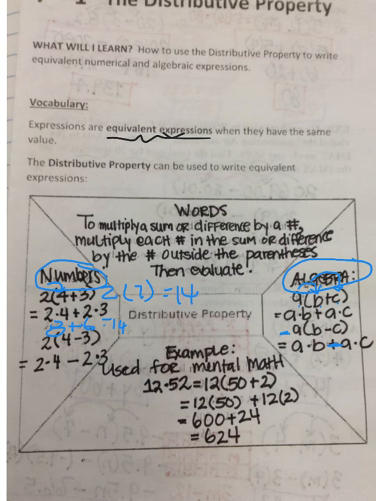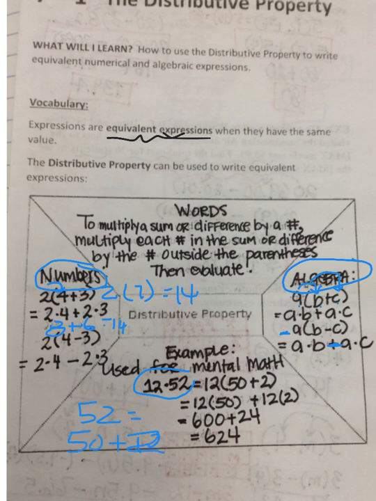So a way that we use this is we can use this for mental math to help us break down a problem that might be something that we would have to work out. So if you look at like 12 times 52, instead of trying to do 12 times 52 in our heads, we can break 52 into 50 plus 2.